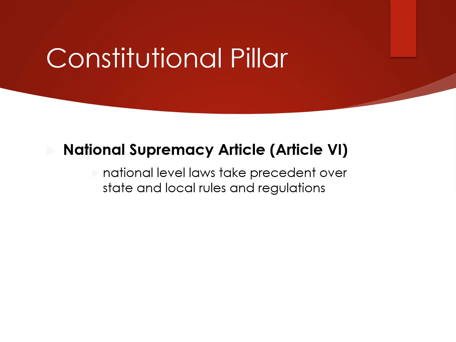What that means is that if there are any laws at the state level, or ordinances at the municipal level, the national level laws are going to take precedence over all of these other ones. That's another way of saying that once it becomes a national level law, whatever your state wants to do, they're not going to be able to do it.